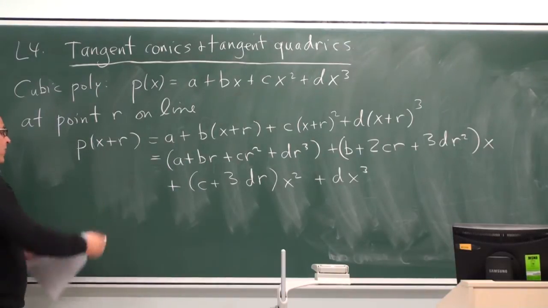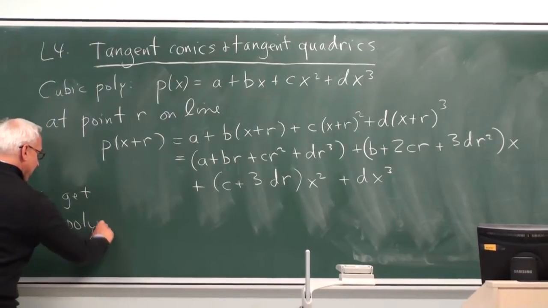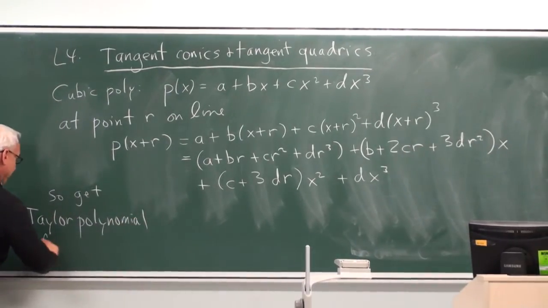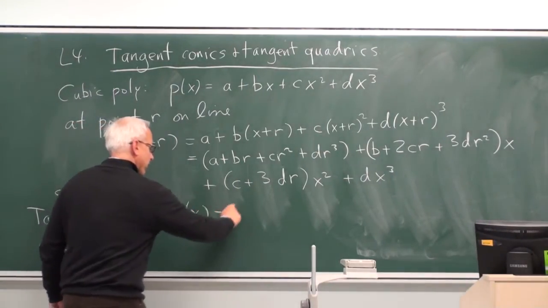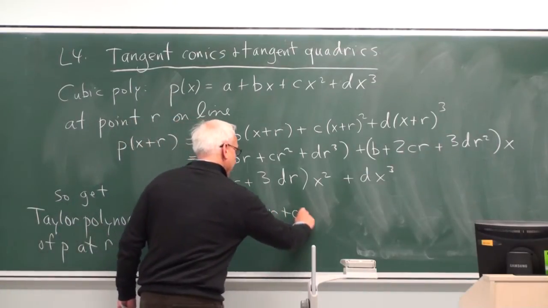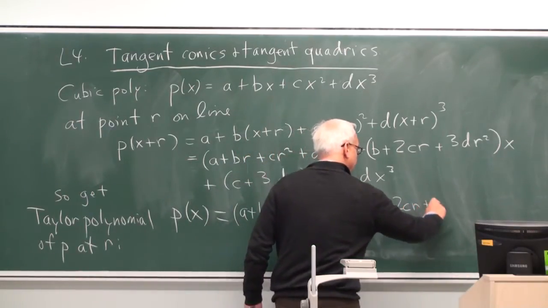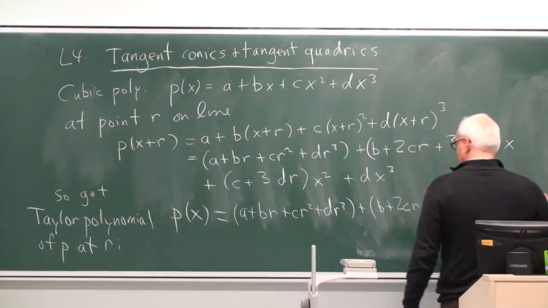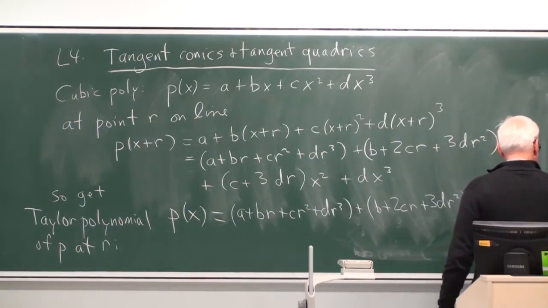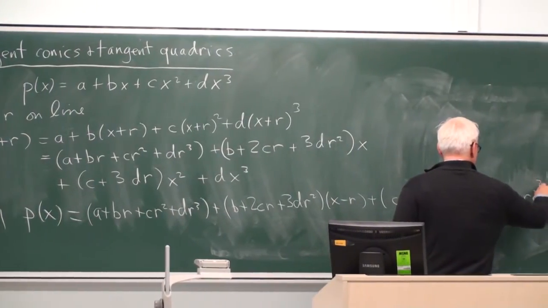Okay, so then we rewrite this just by replacing X with X minus R. So we get what we might call the Taylor polynomial of P at R, which is just P of X equals A plus BR plus CR squared plus DR cubed, plus B plus 2CR plus 3DR squared times X minus R, plus C plus 3DR times X minus R squared, plus D times X minus R cubed.